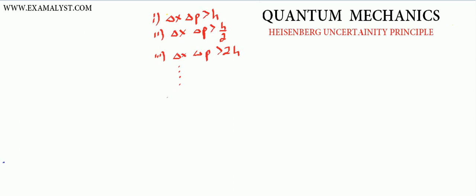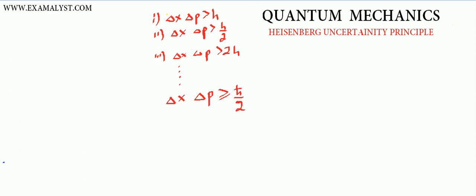But in quantum mechanics, it was found that the minimum value of the uncertainty product, that is, the product of uncertainty in position and uncertainty in momentum, is always greater than or equal to h cross by 2.